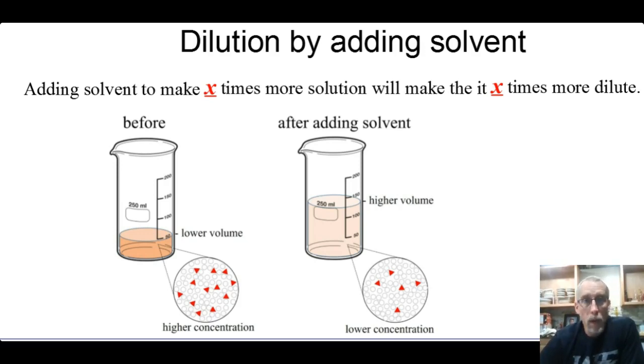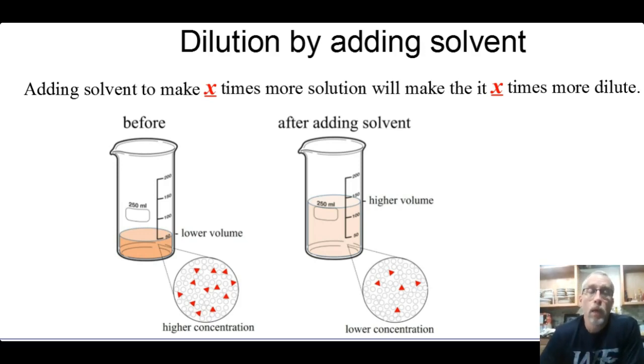And when we do the measurement of concentration, and this is what I want you to write down, it'd be hard for you to draw the figure, but you could draw a little part of the diagram if you want to. But the important thing is to see that adding solvent to make X times more solution will make it X times more dilute.